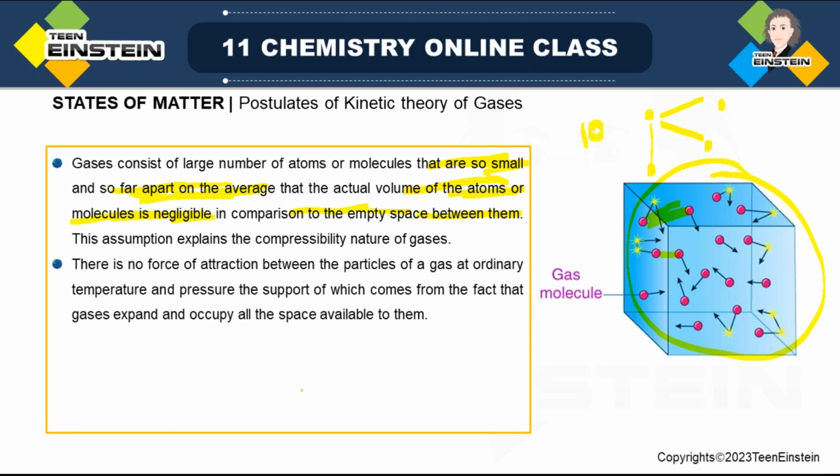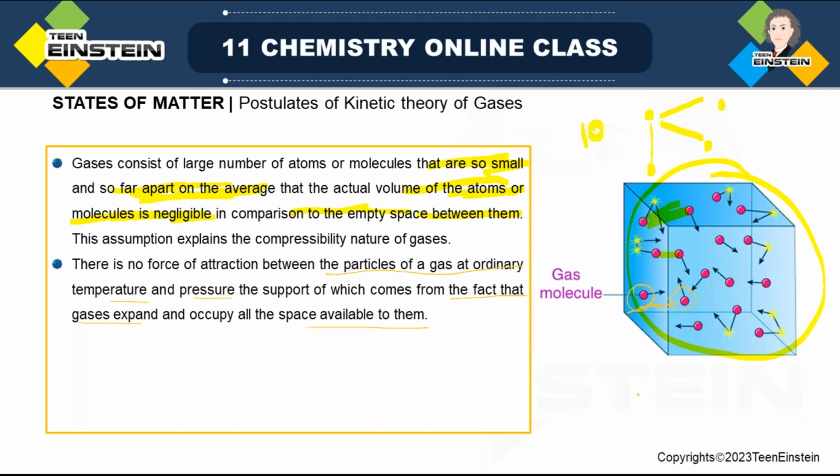Second postulate: there is no force of attraction between the particles of a gas at ordinary temperature and pressure. So one particle and another particle, there is no force of attraction. The support for this comes from the fact that gases can expand and occupy all the space available to them. In this case you have this square shaped container.